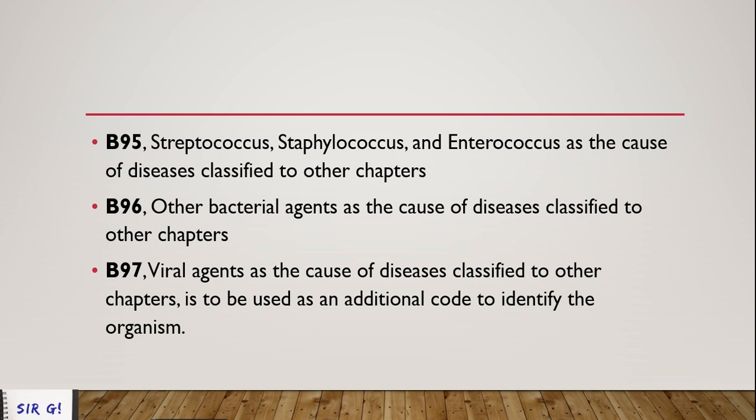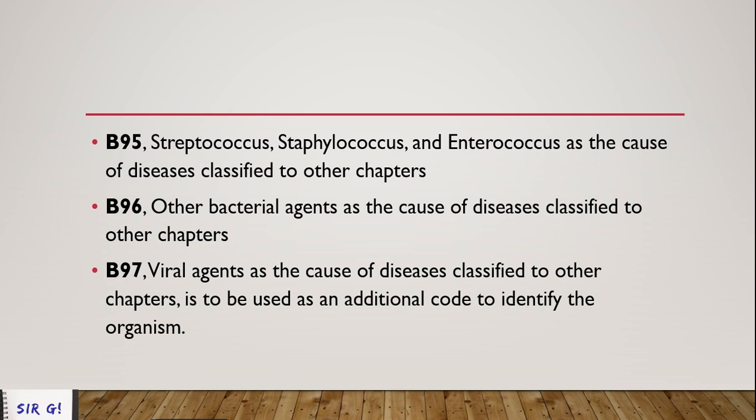So they created one category for Streptococcus, Staphylococcus, and Enterococcus. Of course, they each have a different code, but they belong to category B95. So you may check your book for the codes for Streptococcus, Staphylococcus, and Enterococcus.